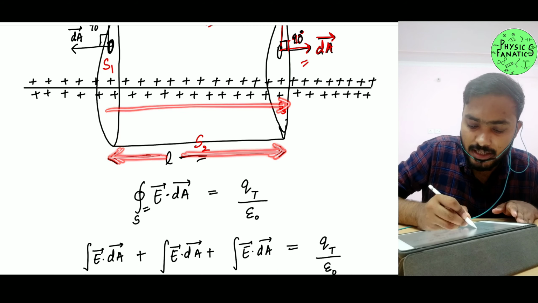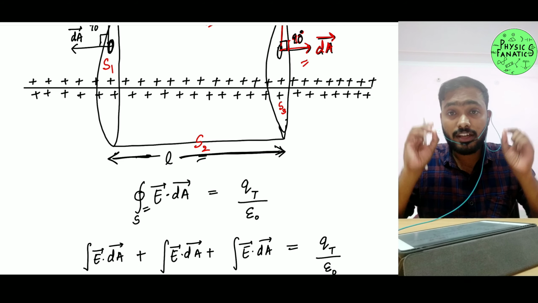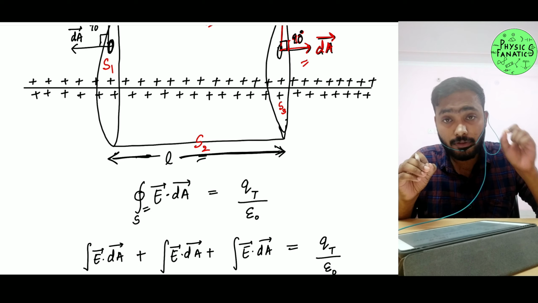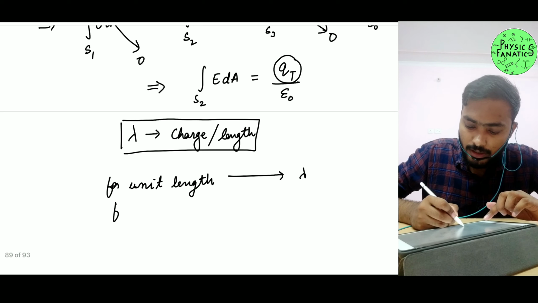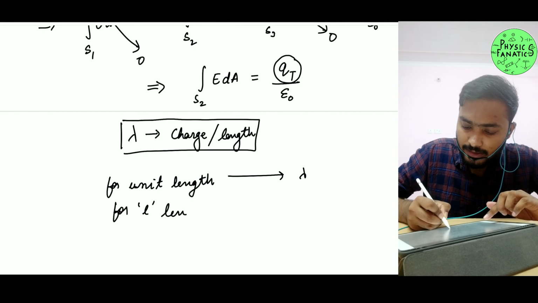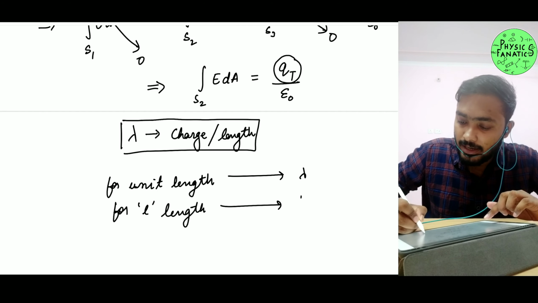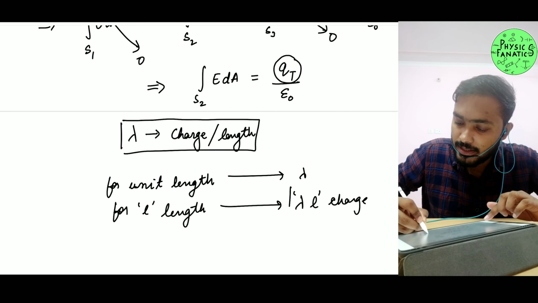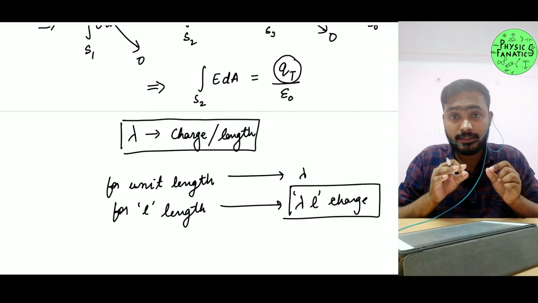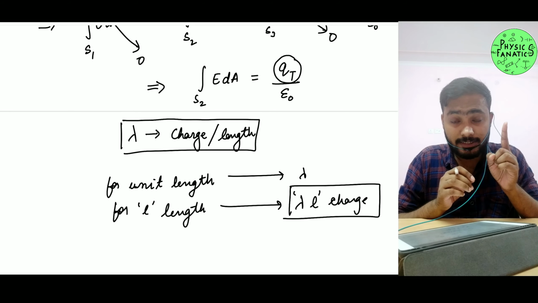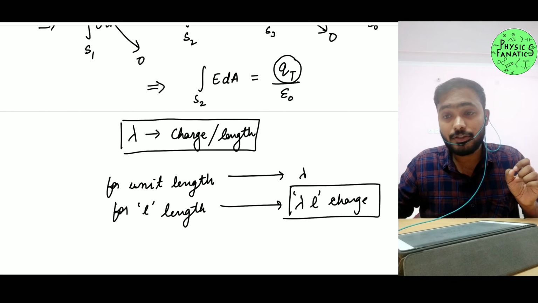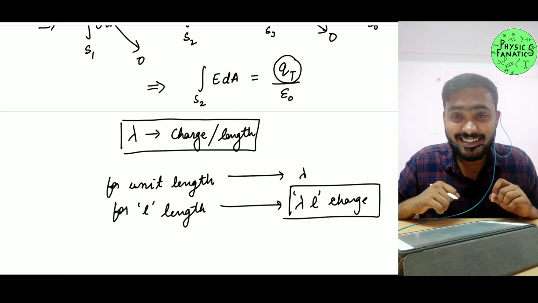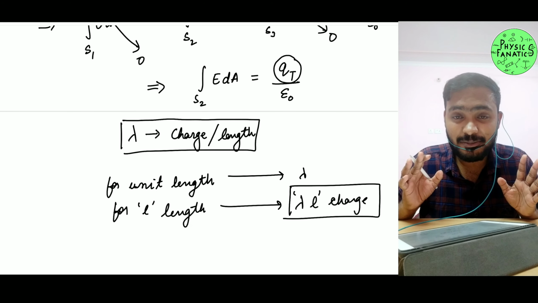If I know that for unit length lambda charge is there, then for L length, lambda times L charge will be there. For unit length, that means for one length, lambda charge was there. For L length, lambda into L charge is there. I hope that is understandable to everyone.